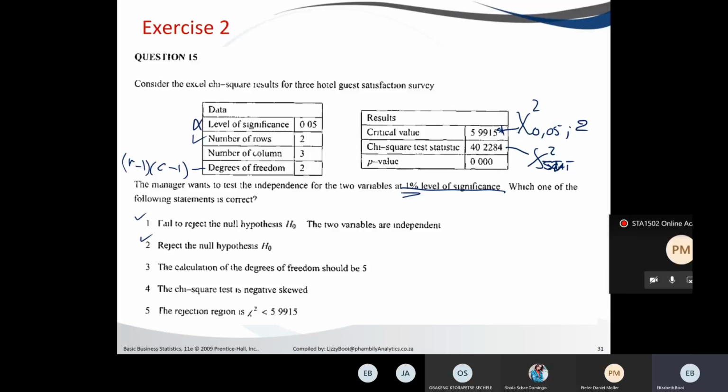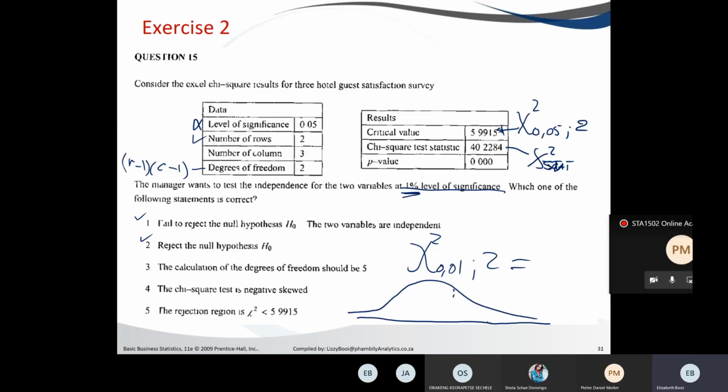So you will use 1% alpha, which means you go and find the critical value with 0.01 and the degrees of freedom of 2. You find this critical value on the table, and then we can make a decision and determine where our region of rejection is.